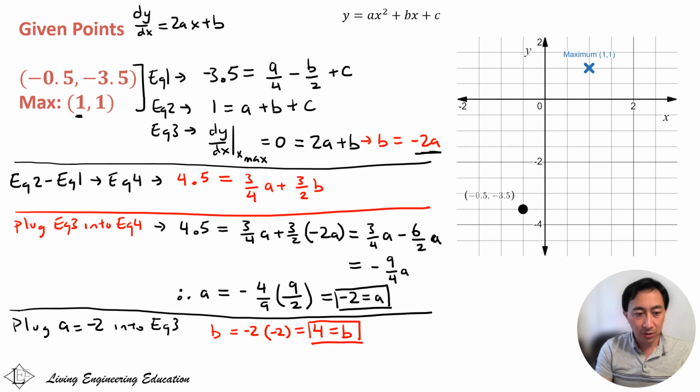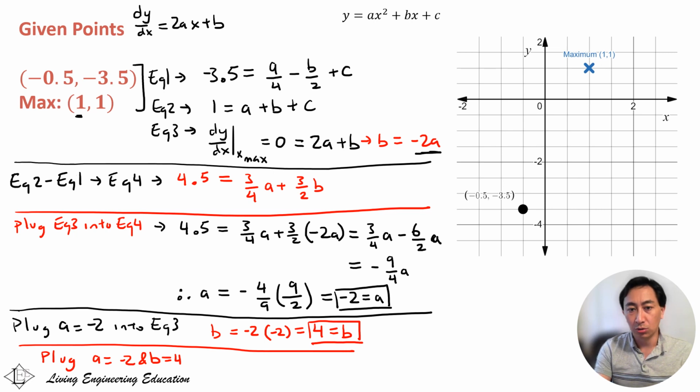Then the last step is plug a is equal to negative 2 and b is equal to 4 into either equation 1 or 2, because I'm looking for c now. Right, so I think it'll be easiest if we just plug into equation 2.